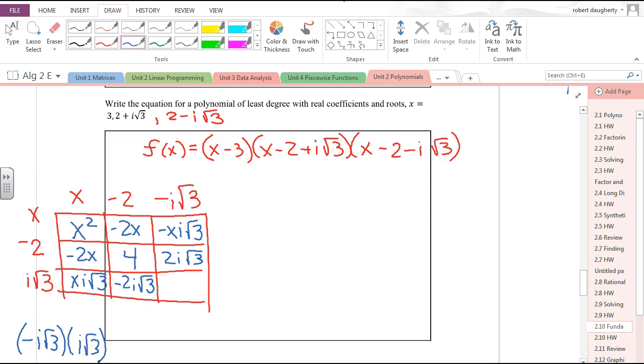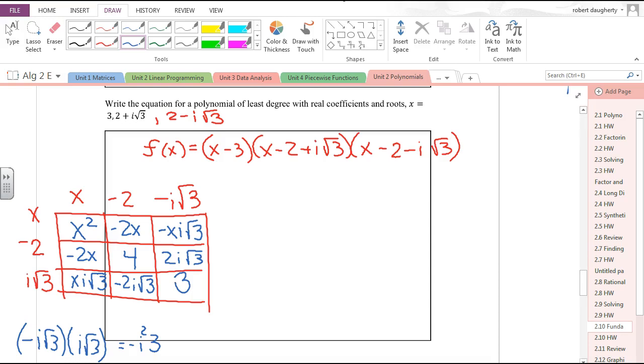What's root 3 times root 3? That's 3. What's i times i? That's i squared with a negative. What's i squared? Negative 1. What's a negative negative 3? Believe me, that's a place that a mistake could be made, okay? So negative i times i is negative i squared, which is 1, and then root 3 times root 3.